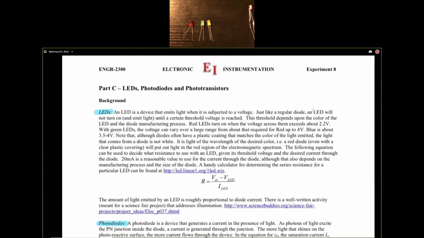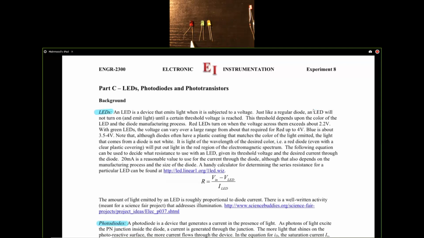And depending on how much current flows through this diode, it is either going to be a very dim light, or if there is a lot of current flowing through the LED, the brightness can be very high. So it can have a dim versus very bright light output, and that would depend on how much current is flowing through it.